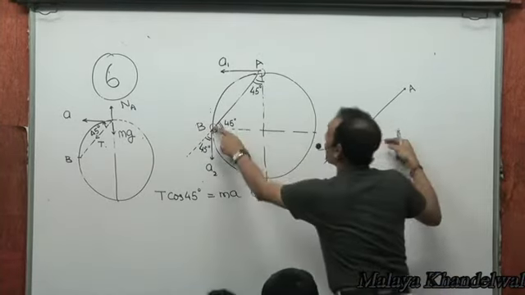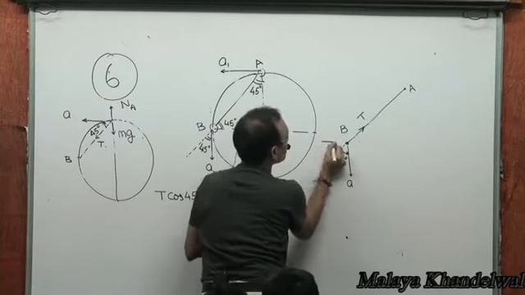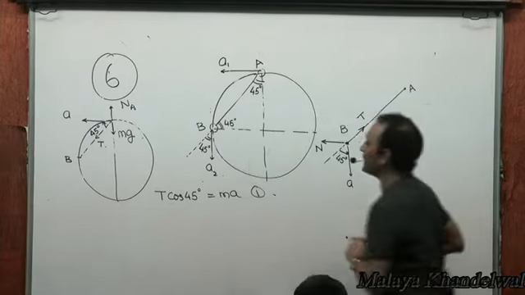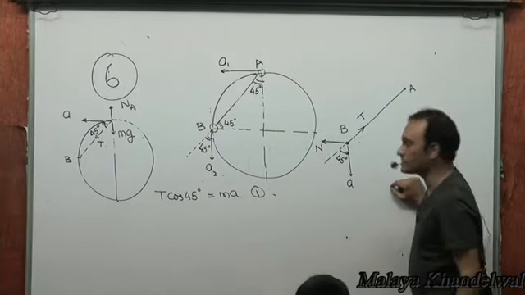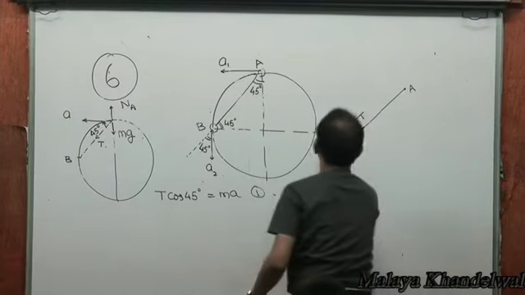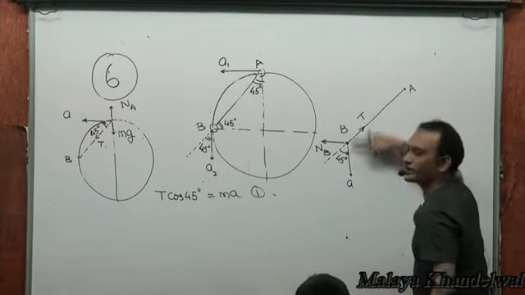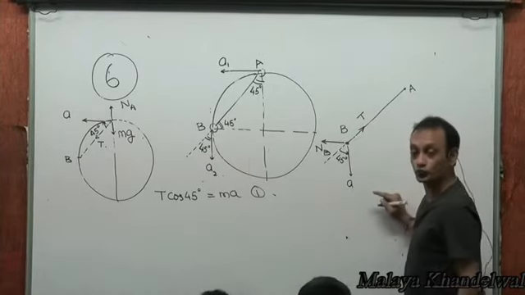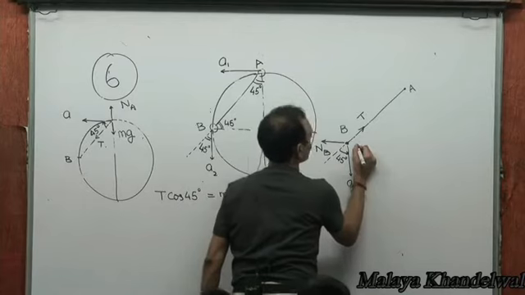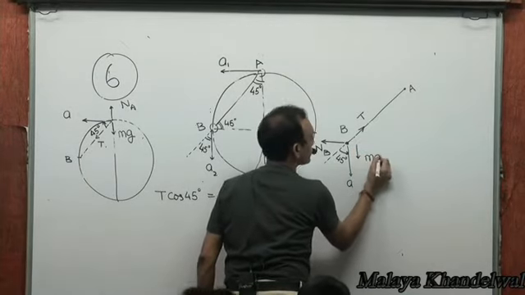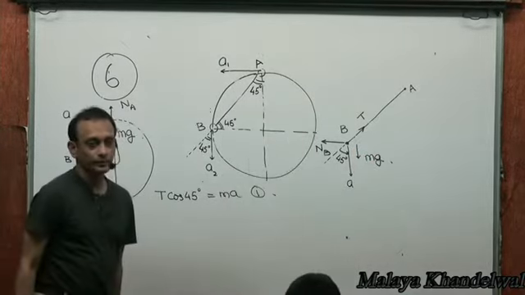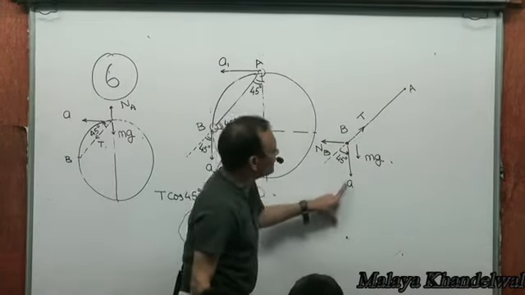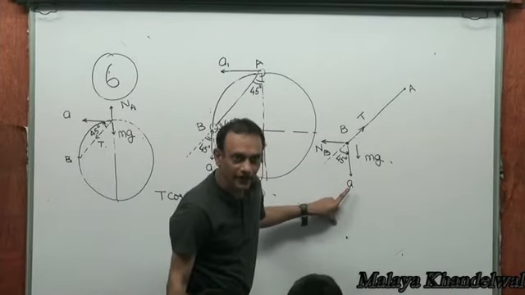So there must be the wire exerting on B a force N like this, right? It must exert a force NB like this, so that the horizontal component of T could get cancelled, preventing a horizontal acceleration of the bead B. Yes or no? And then there is mg acting this way for bead B, right? Under the influence of all of this, bead B has a downward acceleration A, right?